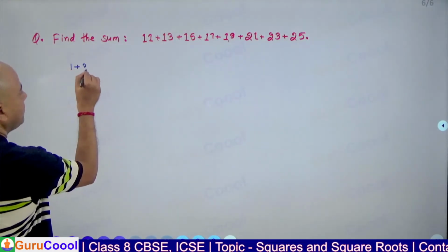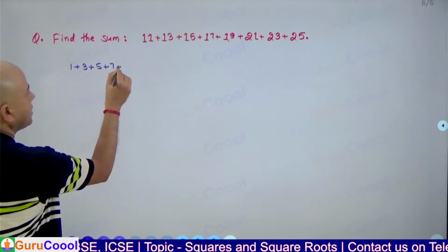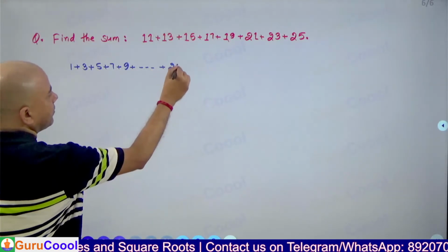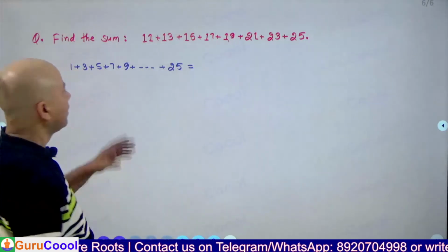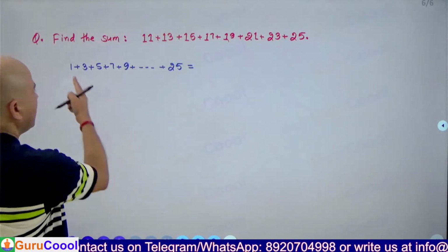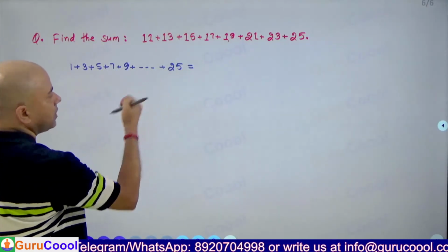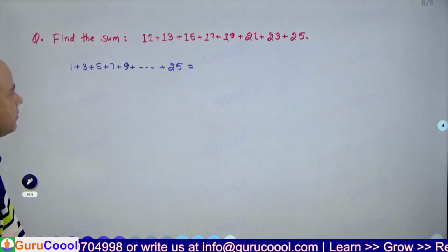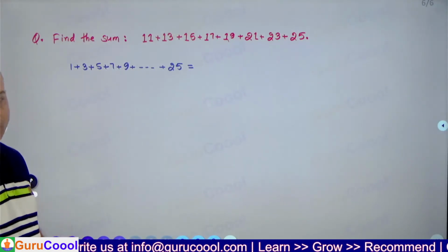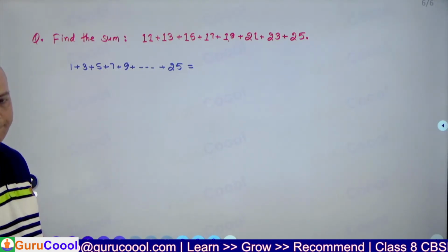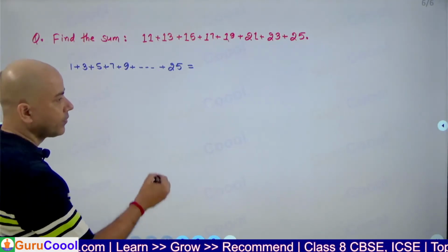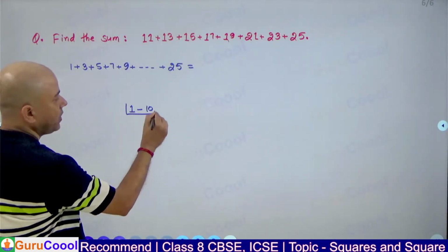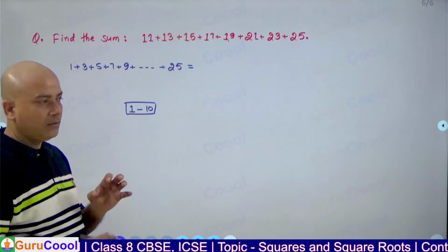1 plus 3 plus 5 plus 7 plus 9 and so on till 25, the last one. I will find the sum of these odd numbers. How many odd numbers have I written? These are the tricks.